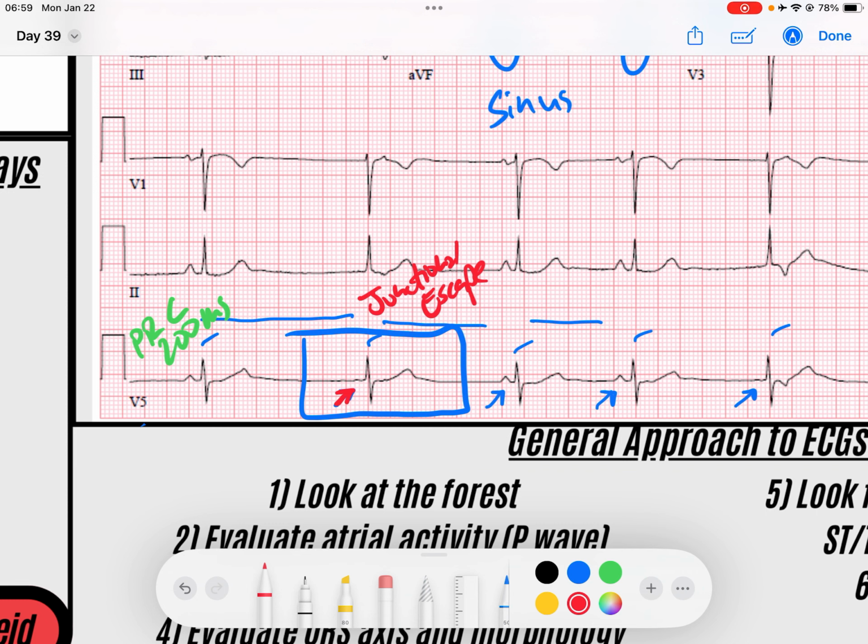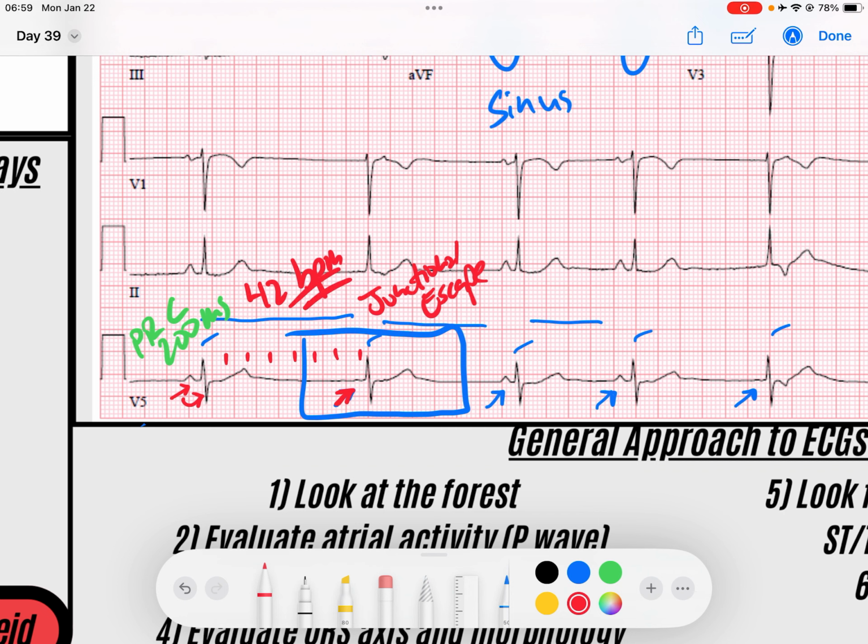Well, in our previous beat, the P wave conducts to the QRS. And then we have a pause, and that pause is roughly 1, 2, 3, 4, 5, 6, 7, a little over 7 big boxes. So if we take 300 and divide it by 7, the rate of that QRS to QRS is 42 beats per minute.